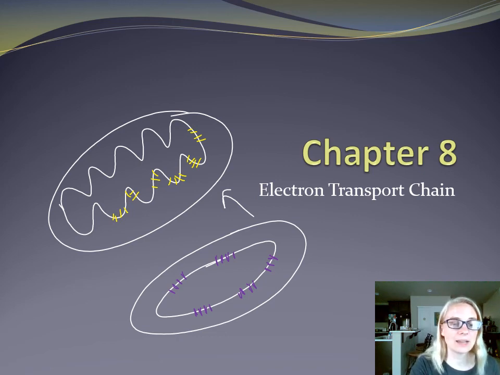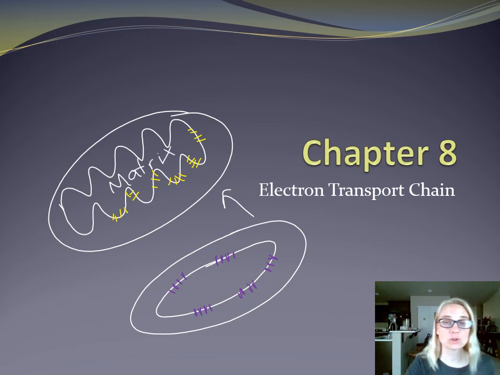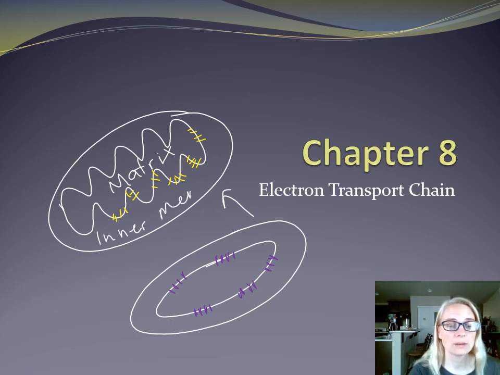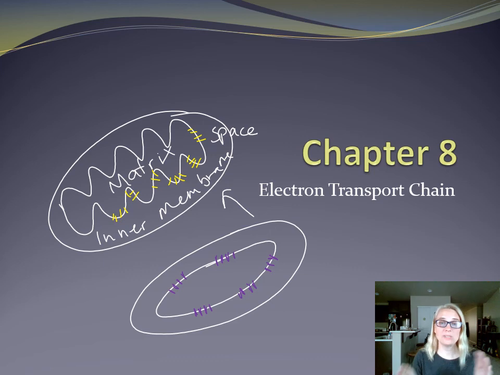And then inside, this is called the matrix, and we're going to be pumping some things and moving some things in these different areas. And this is called the inner membrane space. So the space between the inner and outer membrane is called the inner membrane space.